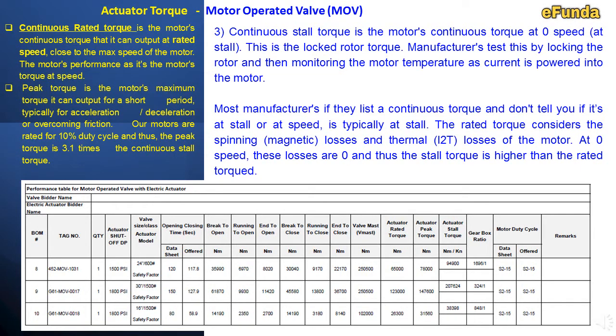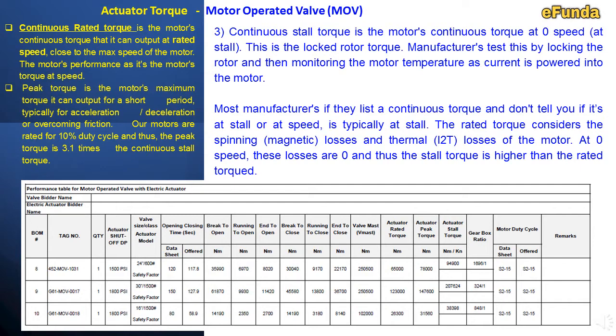To understand the performance table, one can refer to the table where the various values of the actuator are given: opening, BTO (break to open), RTO (running to open), N2 open, brake to close, that is BTC, running to close, N2 close, and valve mast.